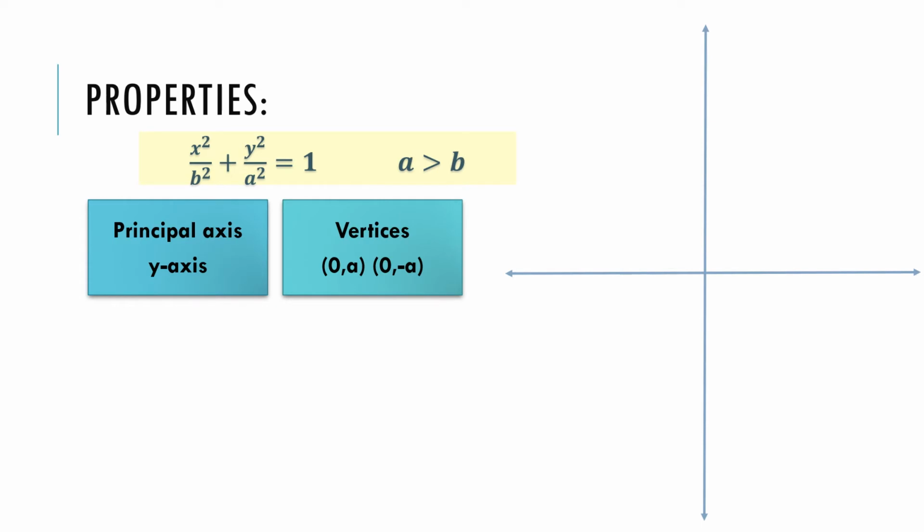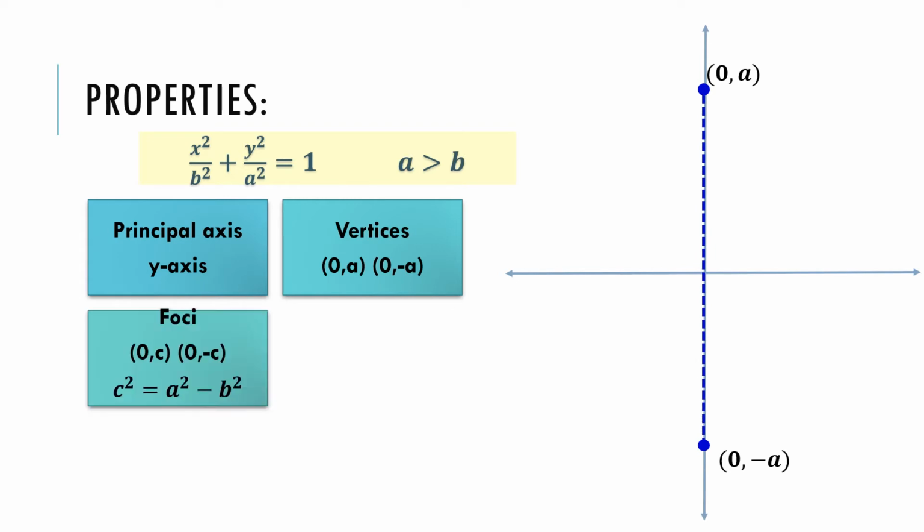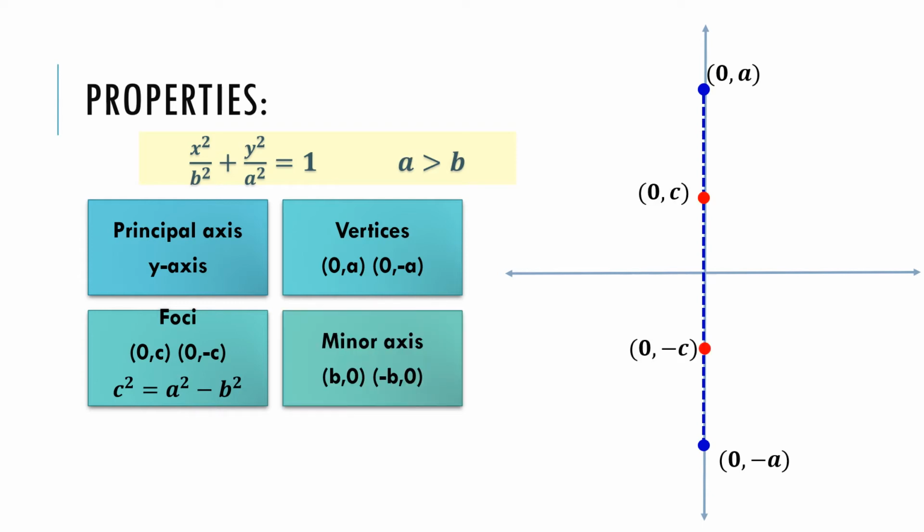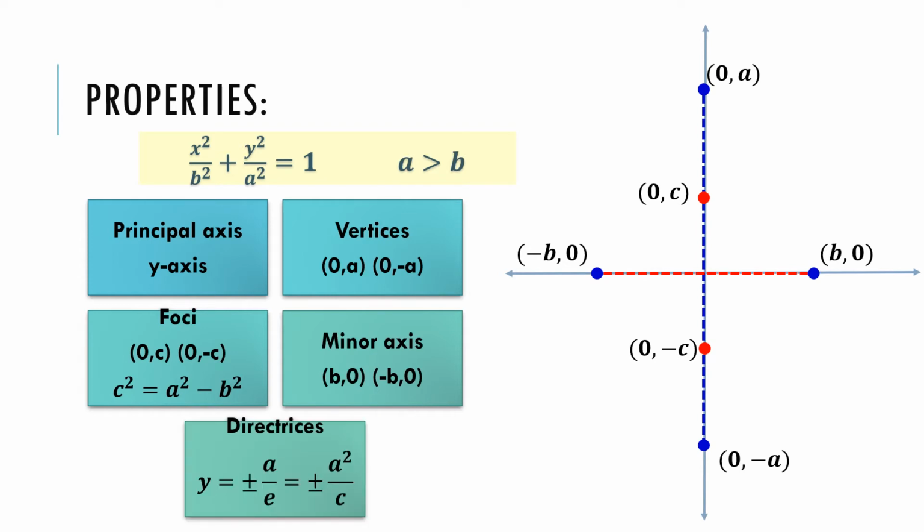Ang vertices natin ay 0, A and 0, negative A. Foci, ganun pa rin ang computation, pero 0, C and 0, negative C. Minor axis, B, 0 and negative B, 0. Yan. And the directrices is y equals na.